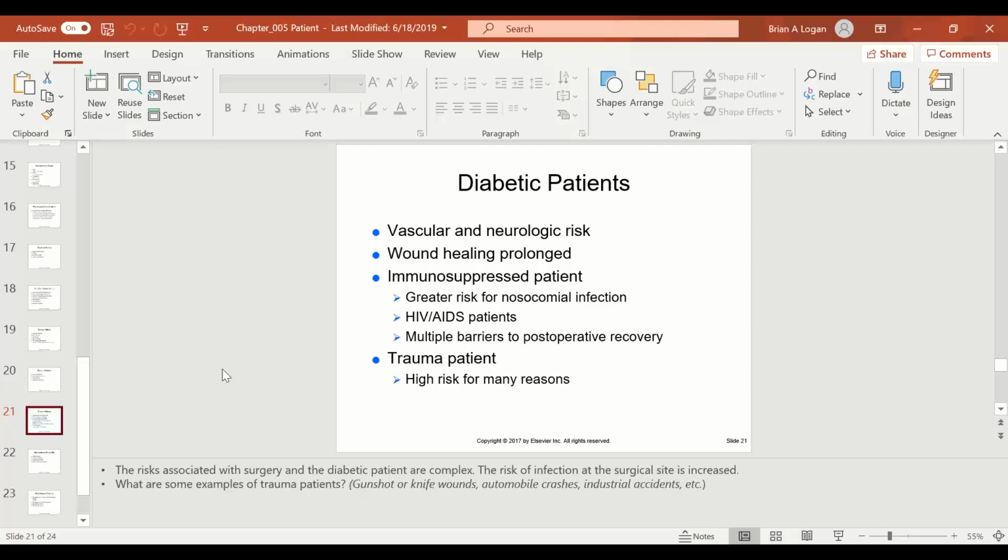Your diabetic patient, right? Diabetes affects the vascular and the nervous system, and it's going to attack those that are the most peripheral first. So fingers and toes, and then also the vessels that are the smallest.